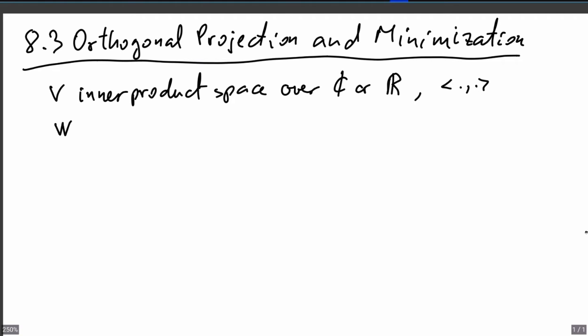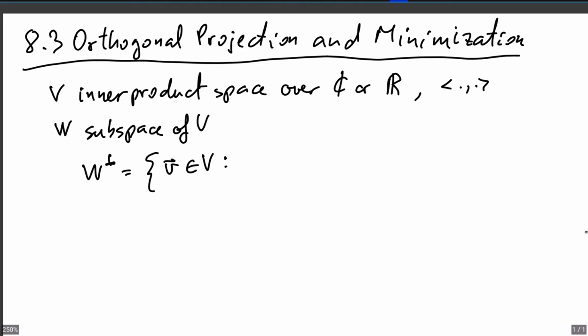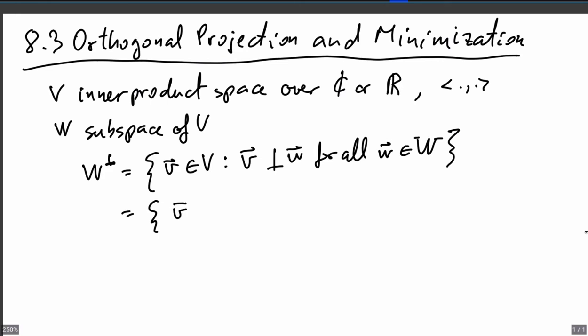Then we consider a subspace W of V, and we define W perp, where we use this perpendicular or orthogonal sign, as the collection of all vectors v in V such that v is perpendicular to w for all w from the W subspace, which means we consider all the vectors that are orthogonal to all W vectors.